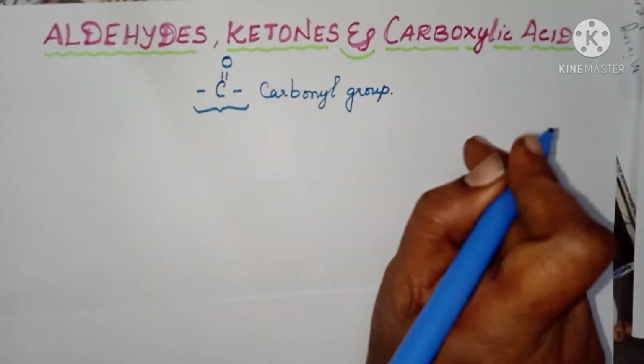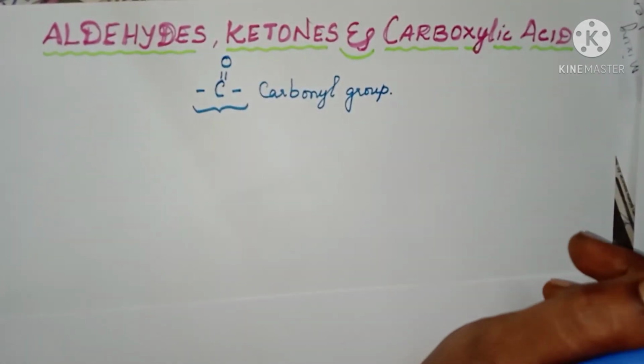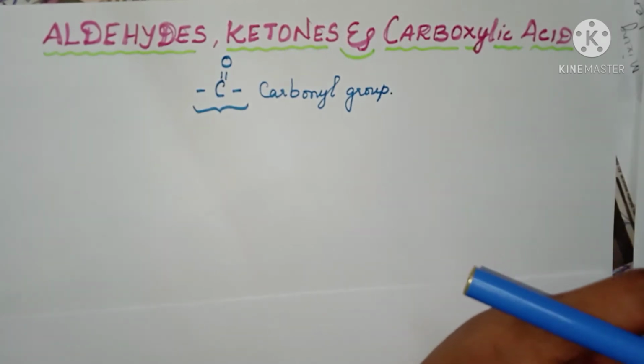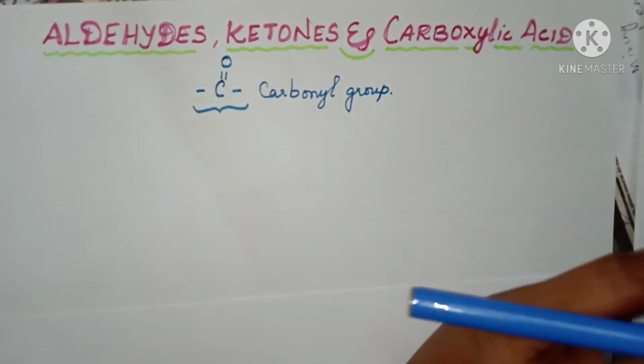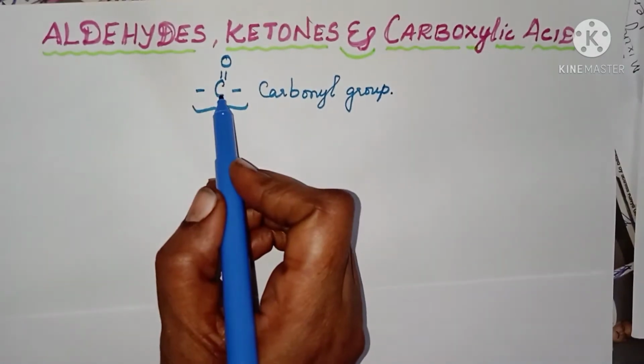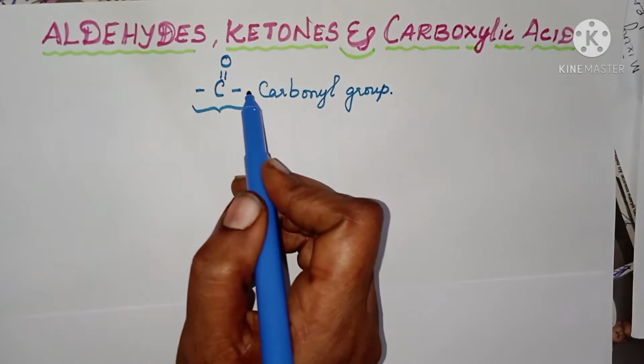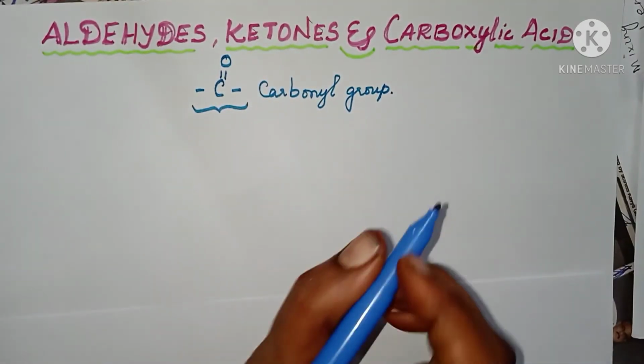How many valencies does carbon have? You know very well, tetravalency, the valency of carbon is 4. So carbon is attached with oxygen by a double bond, and along with both the sides, something is waiting.